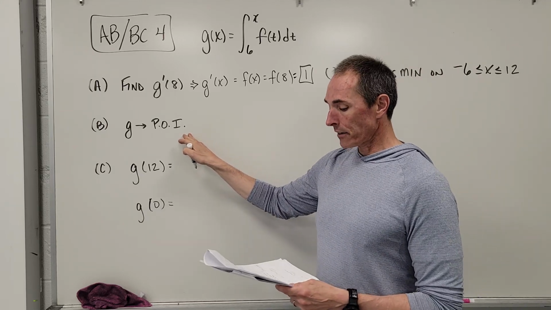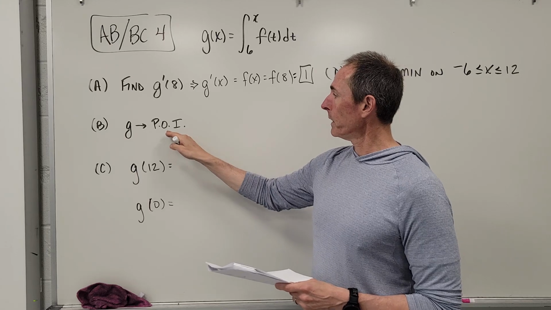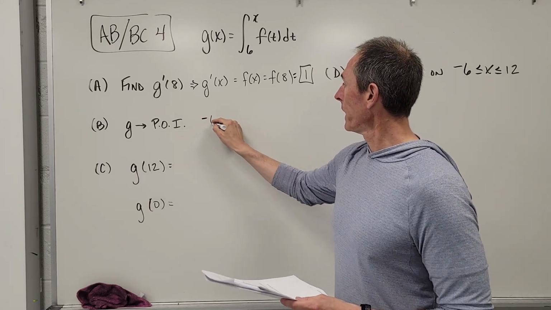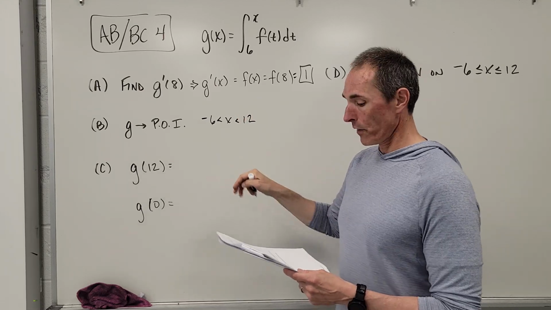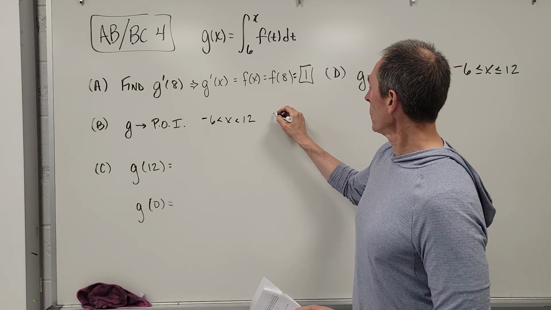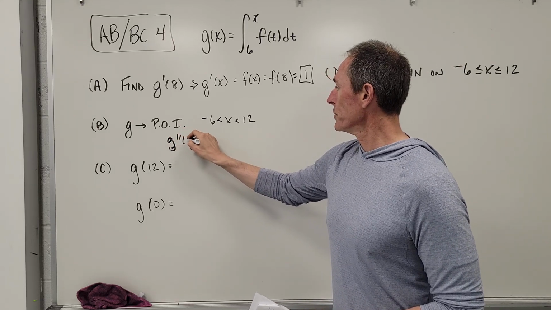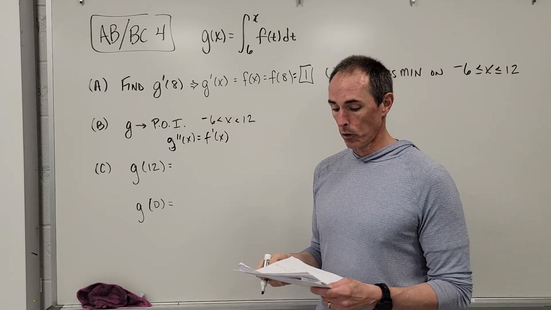Question B asks to find all points of inflection on the graph of g inside the open interval -6 to 12. Okay, so g is going to have a point of inflection wherever the second derivative of g, which is really the first derivative of f in this problem, changes sign.